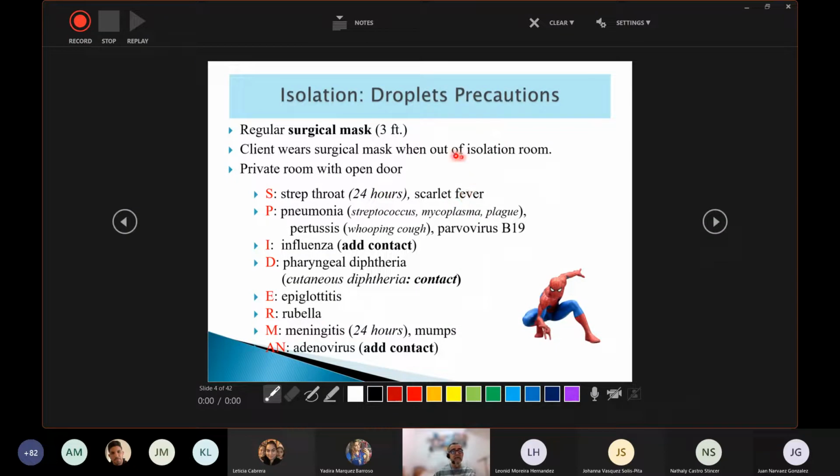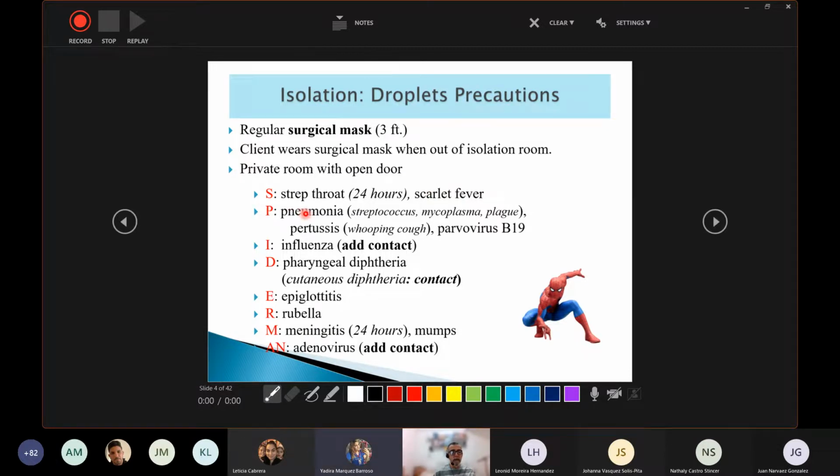Scarlet fever is related with strep throat. Scarlet fever is a strep throat that complicates. Scarlet fever has a lot of fever, but before being scarlet fever, it was a strep throat. Scarlet fever starts as a strep throat, and then appears the rash and the strawberry tongue, etc.